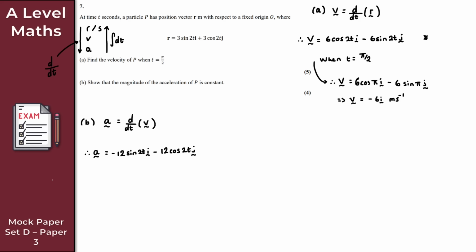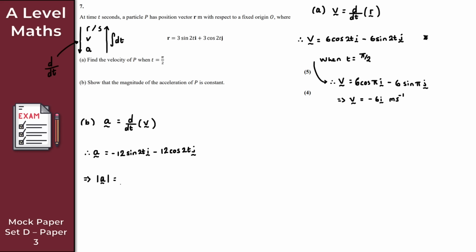Now, what we want to show here is that the magnitude of the acceleration of P is constant. So let's consider the magnitude of the acceleration vector A. Don't forget, this is simply an application of Pythagoras.